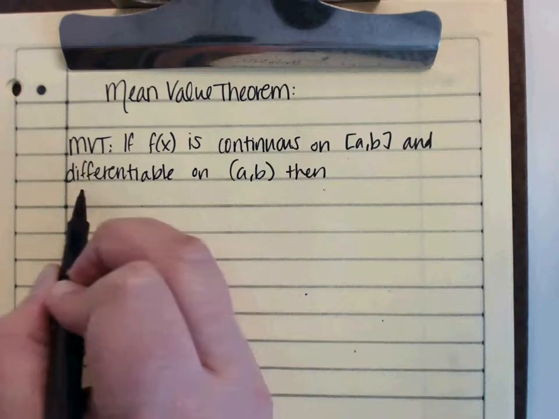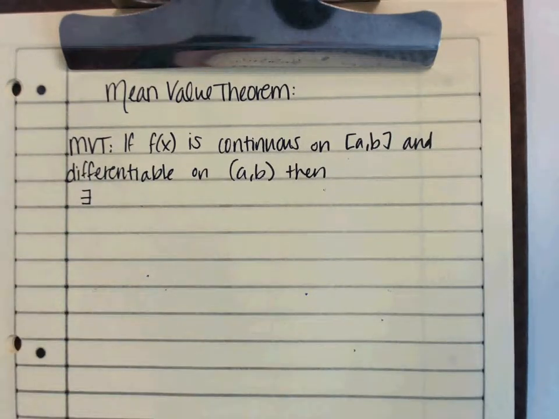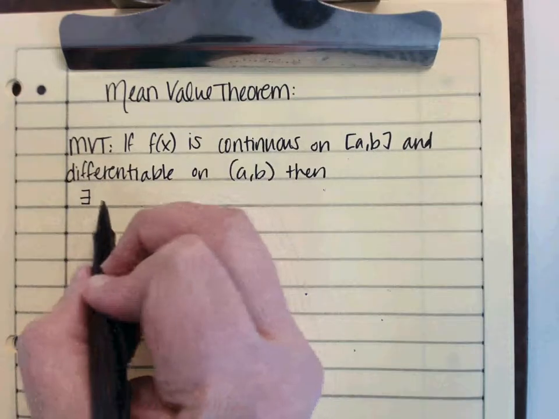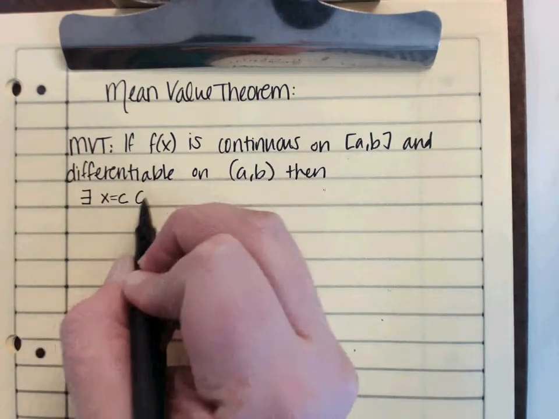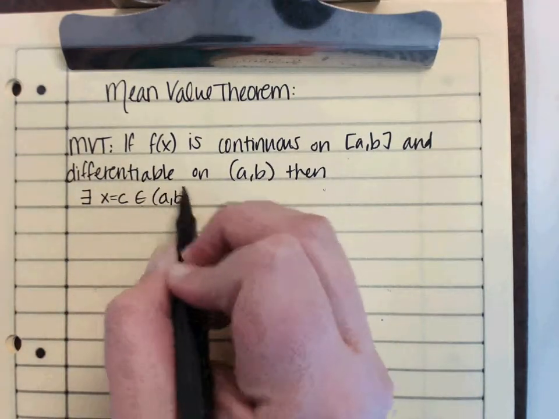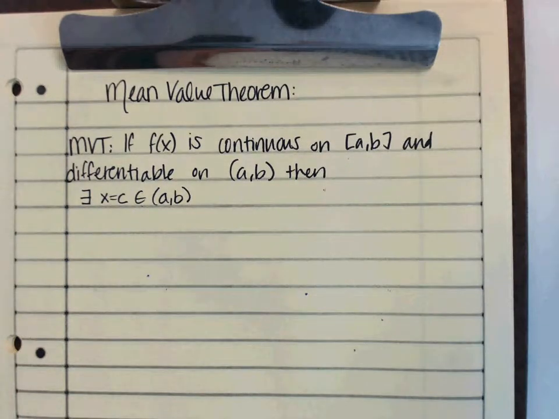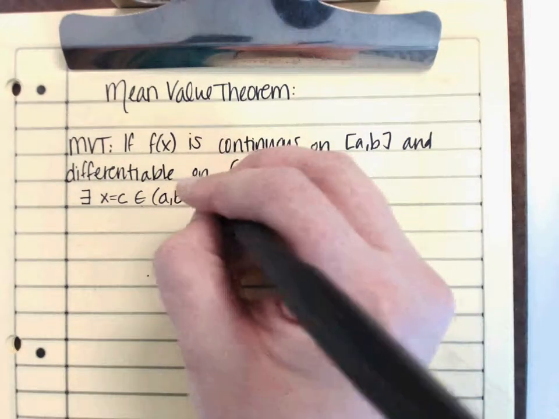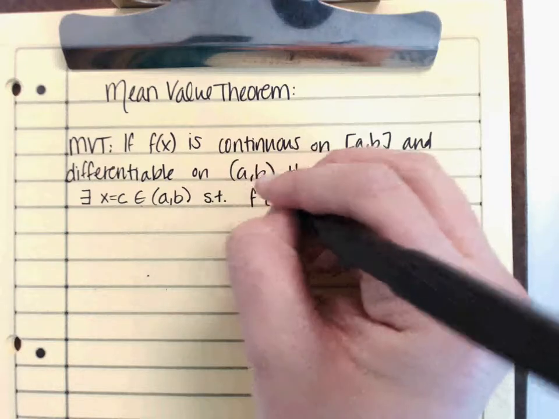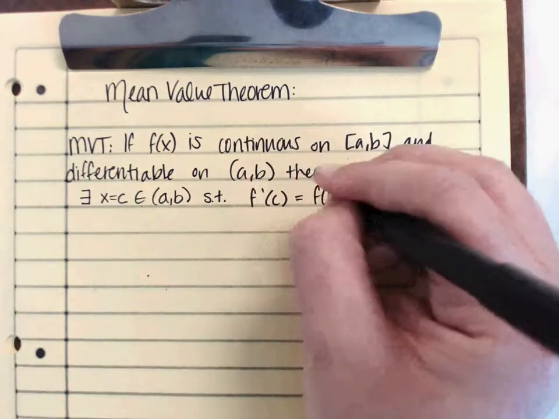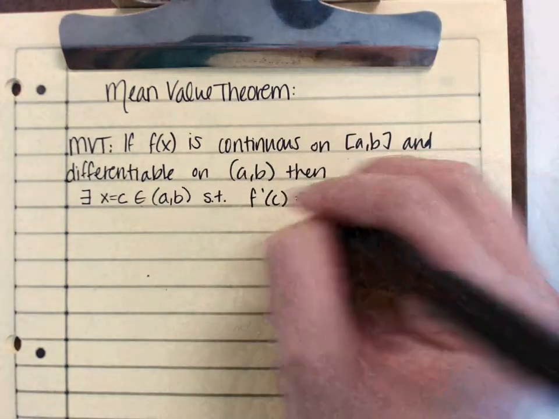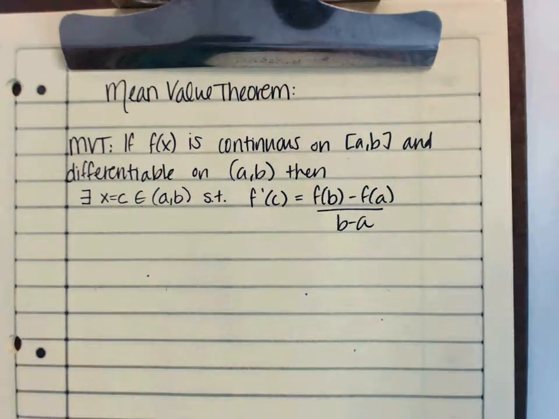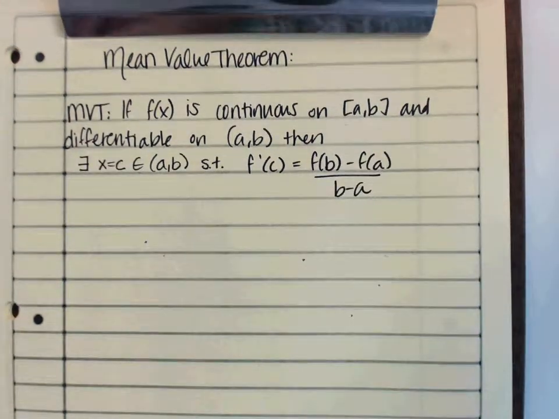There must exist an x equals c within the interval from a to b, that should all look familiar, such that f prime of c equals f of b minus f of a over b minus a. Okay, write it down first. We're going to talk about it.